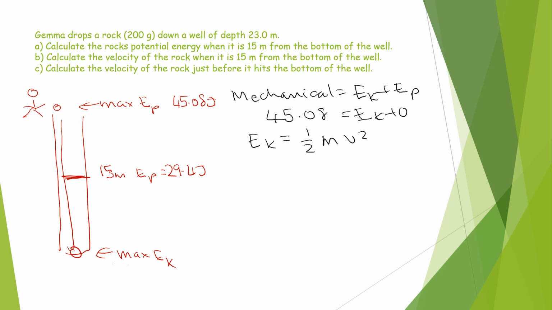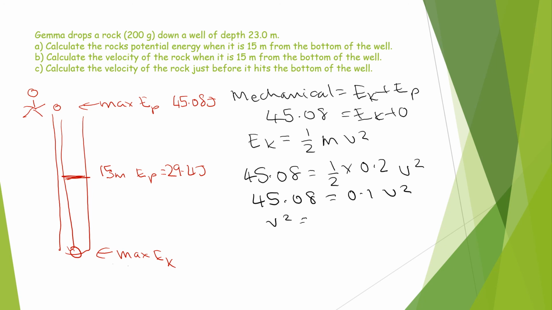Kinetic energy is a half mv squared. 45.08 equals a half times 0.2 times v squared, so 45.08 equals 0.1 v squared.